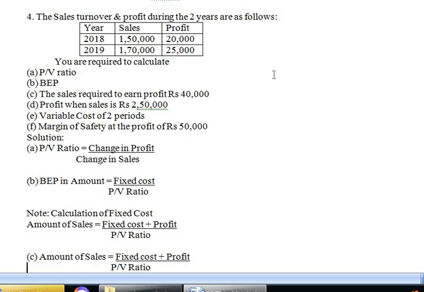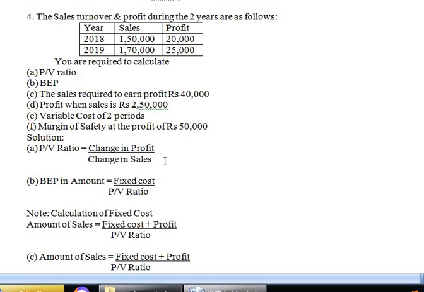Depending on this we need to see which formula is applicable. One formula I had given is change in profit divided by change in sales, which will give you PV ratio. I already gave this in the previous class. Please go through the formulas if you have not seen.